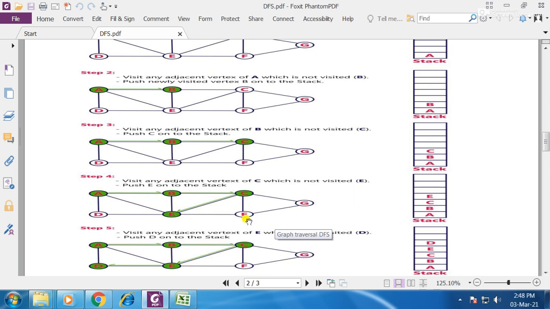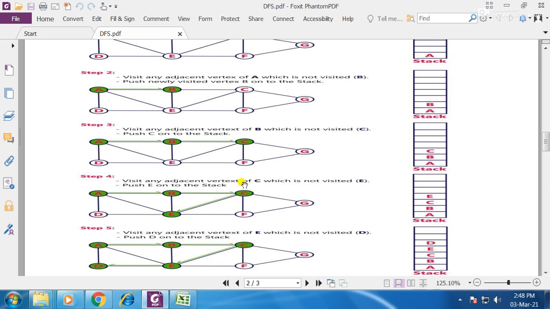Now step number 4. The same step we have performed here. Visit any adjacent vertex of C which is not visited, push it in the stack. Now adjacent to C are E, F, G. B is also there, but B we have already visited.